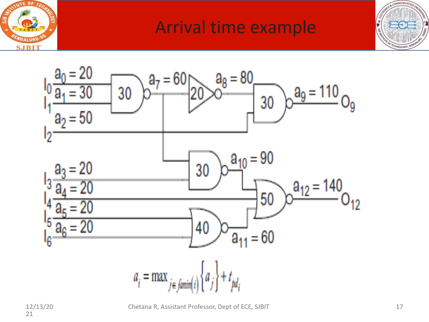Arrival time is given for one particular input I0 as A0, which is equal to 20. Similarly, second input I1, A1, is equal to 30. I2, arrival time A2, is equal to 50. Like this, each and every arrival time for the inputs has been given here as 20, 30, 50, 20, 20, etc. Next, you have one gate.